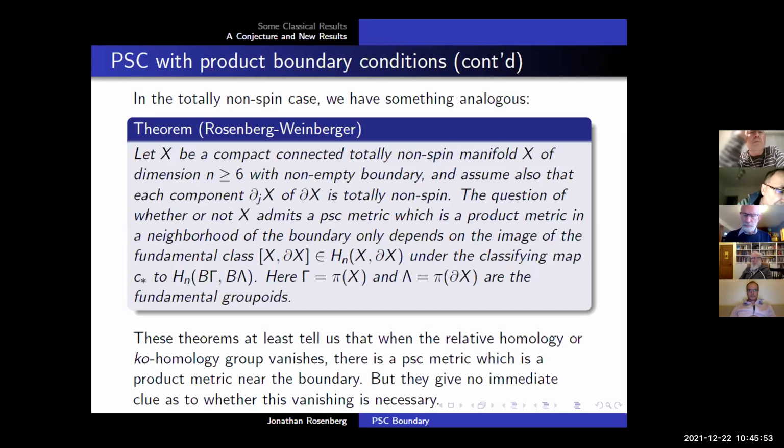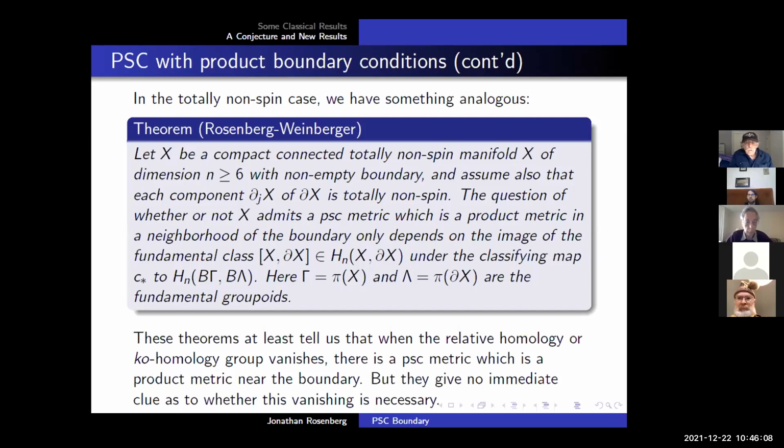So product type boundary conditions imply that the boundary is isometrically embedded and totally geodesic, which implies minimal.